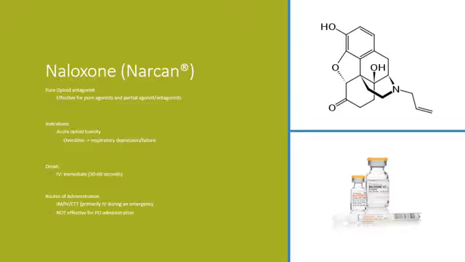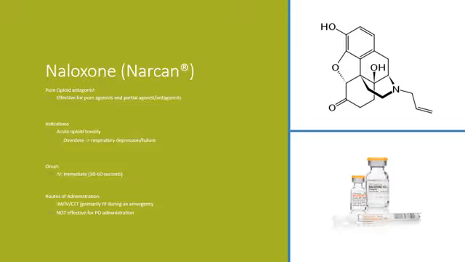The onset of naloxone is very, very quick. If given intravenously, it's essentially immediate, about 30 to 60 seconds. One of the ways I like to think about naloxone is, in terms of pharmacology, it's essentially like fentanyl except backwards. All right, so it's very, very quick. We see the peak effect in about 3 to 5 minutes, and it lasts just about as long as fentanyl does, about 30 to 40 minutes.